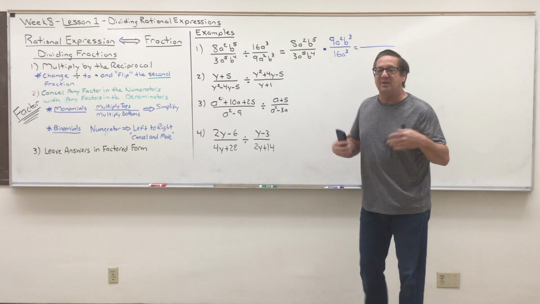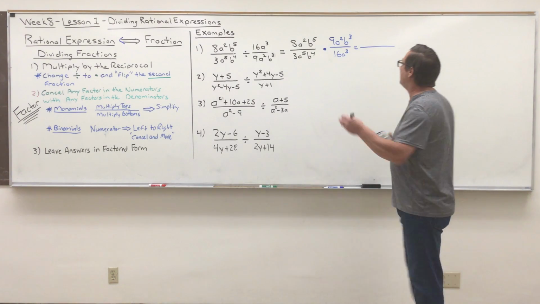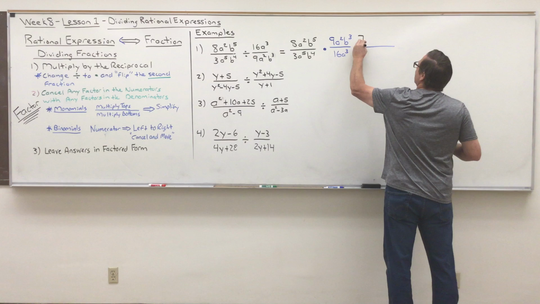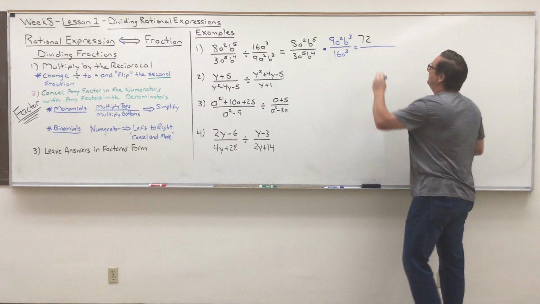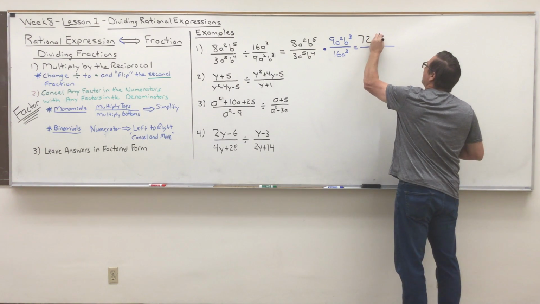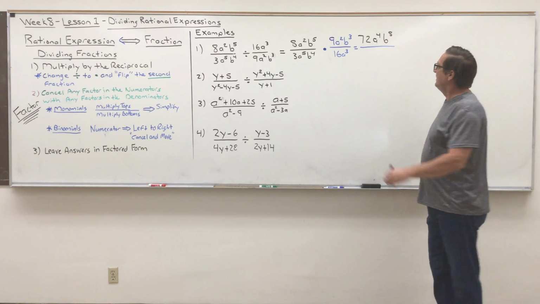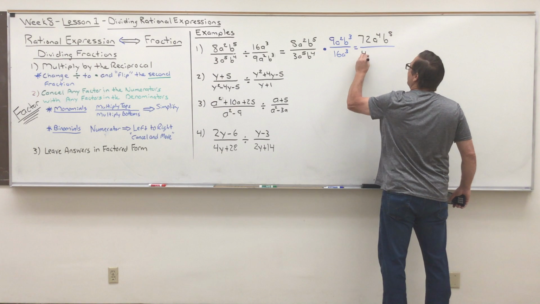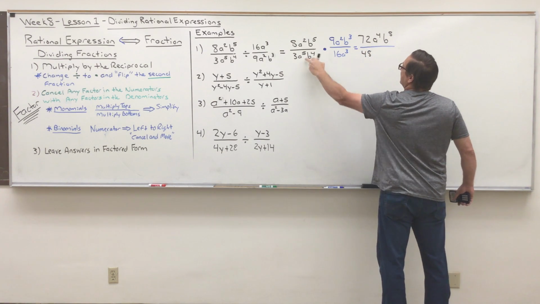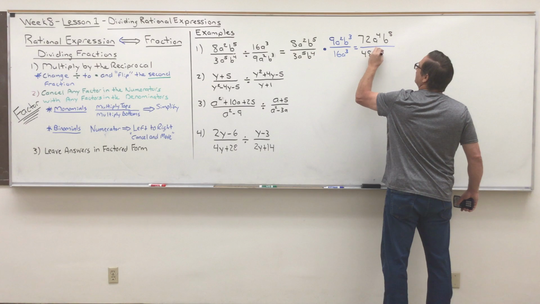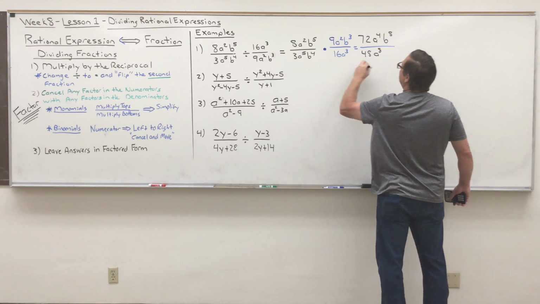Of course we do numbers with numbers, and we add our exponents. So this would be 72 a to the 4th b to the 8th, and this would be 48 a to the 8th b to the 4th.